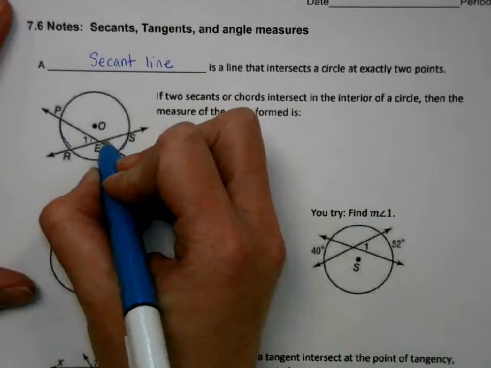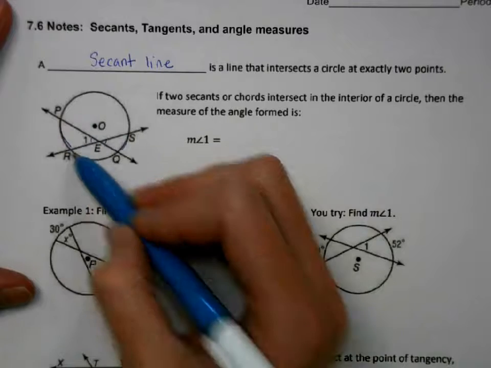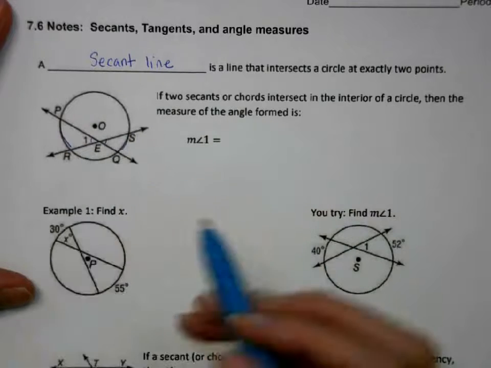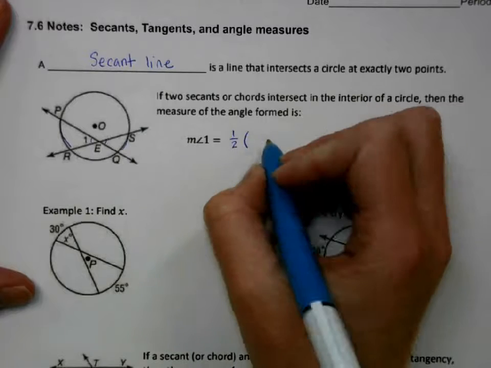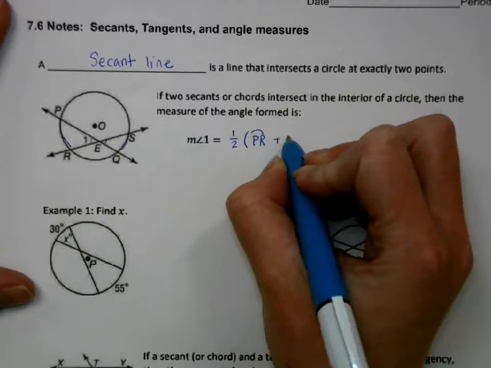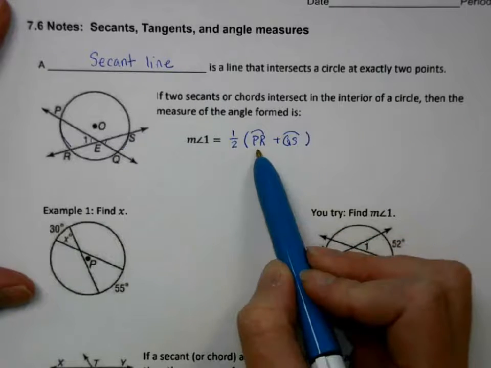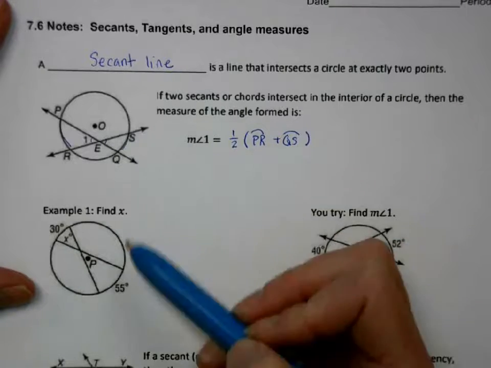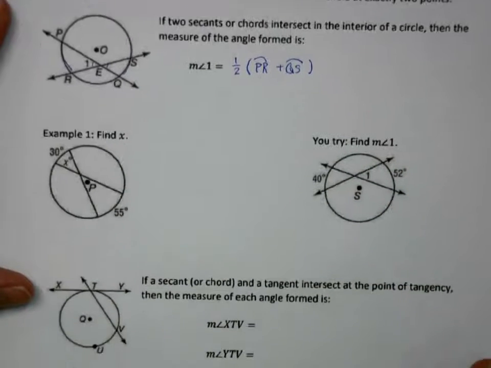We know that these two angles are going to equal because they are vertical angles. The arcs, however, are not the same, but there's a relationship here where this measure of angle 1 is going to be 1/2 of the sum of those two arcs. Okay, so it's going to be 1/2 PR plus QS. It's going to be essentially the average of those two.